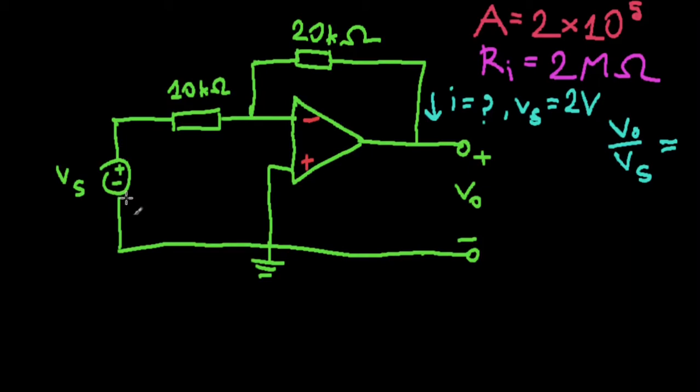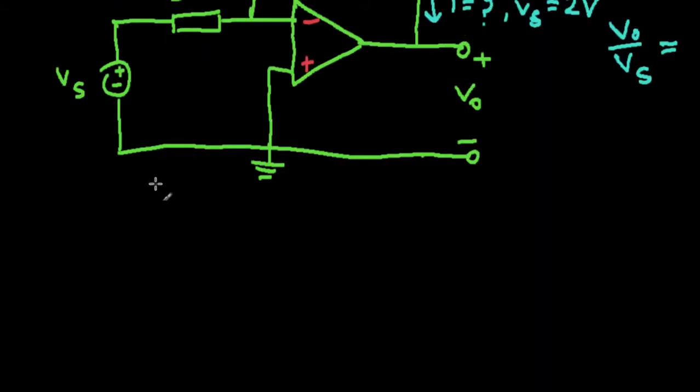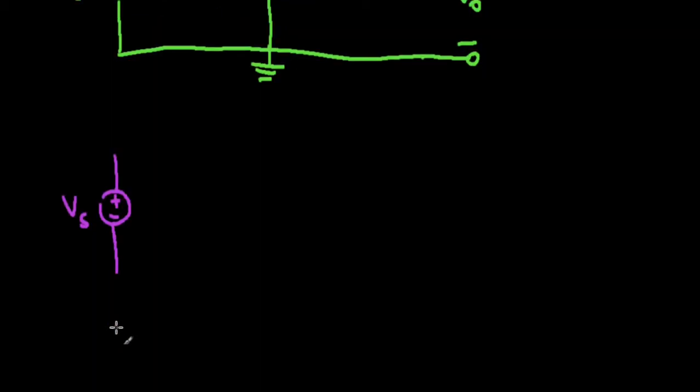So let's try to redraw this circuit. I'll choose purple for this. Most of the things are obviously the same; we just need to replace the op amp. So this is Vs, this is Vs. I'm sorry for wasting so much time, but it would be better to keep a bit more space.